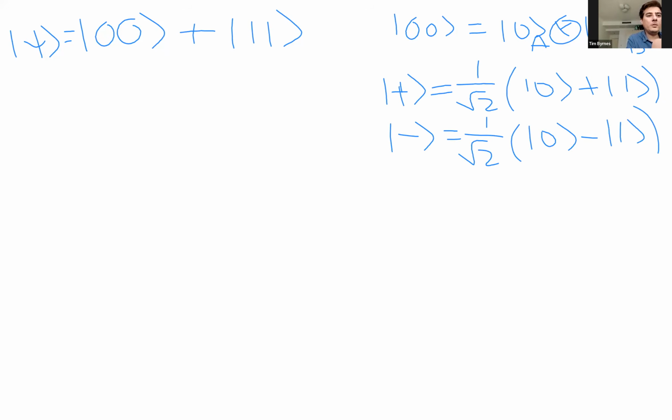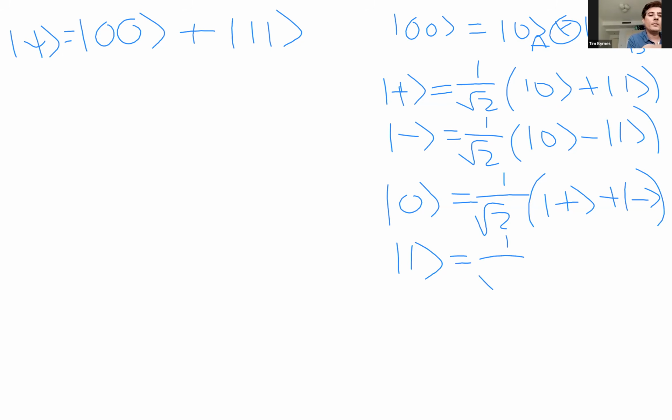I've done this before already, so I won't go through it, but we can invert the transformation so that it's written like this. If you subtract the plus and the minus states, then the |0> will cancel, and the |1> will remain.